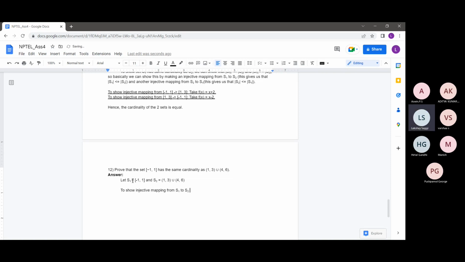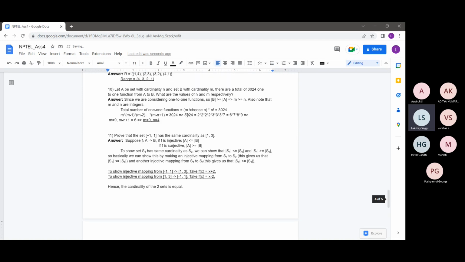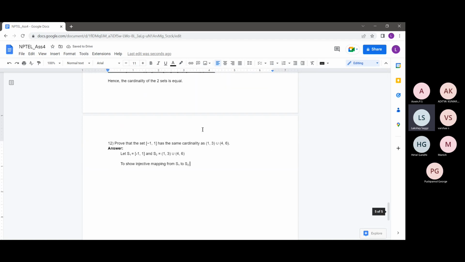Basically, injective mappings are easier to make. I'm not taking the surjective mappings because for that you need to ensure that all the elements of the codomain have been covered, which can also be done obviously, but at least for me personally, it requires a bit more effort. But for showing one-to-one functions, you can construct them very easily.